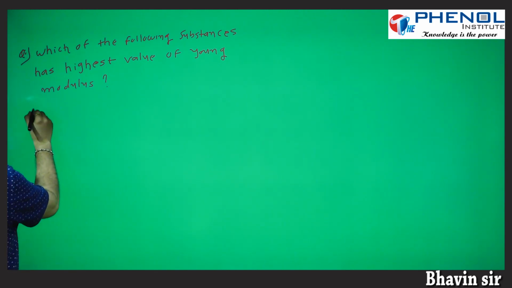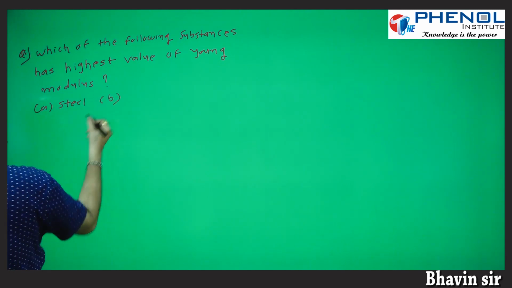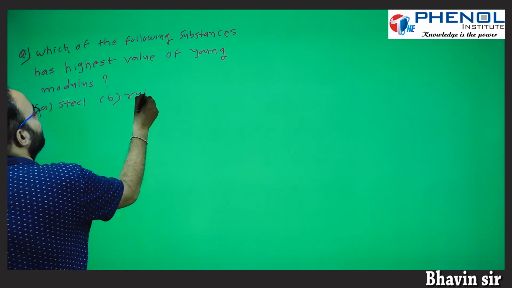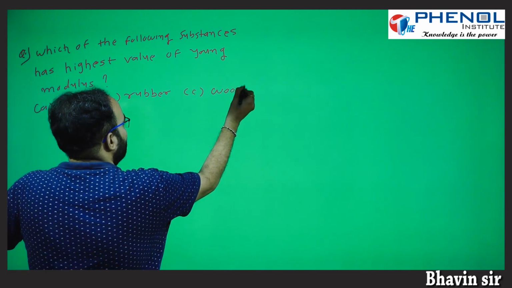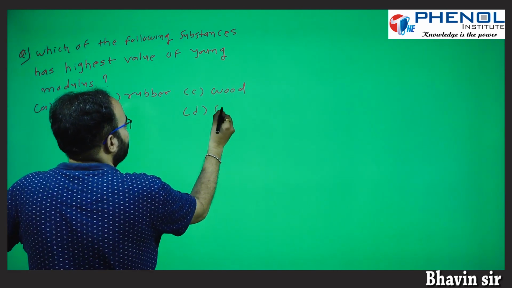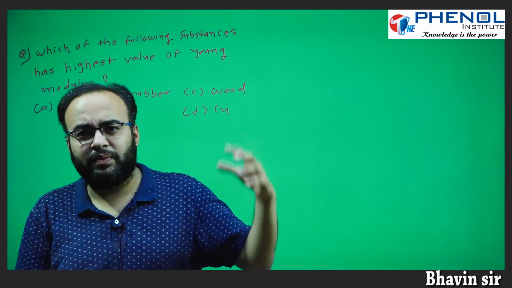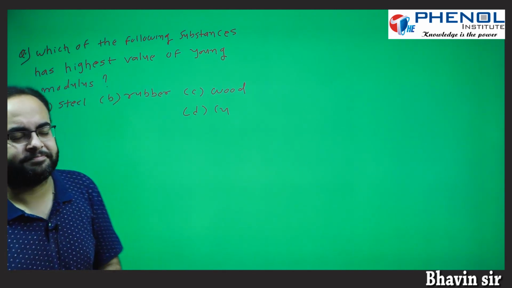And the options are steel, rubber, wood and copper. Which of the following substances has the highest value of Young modulus?